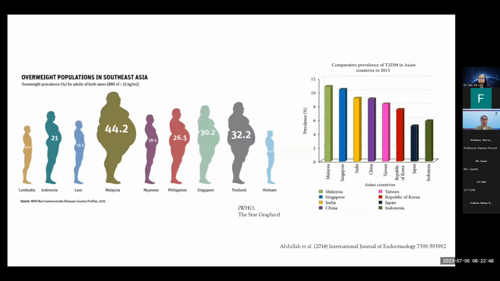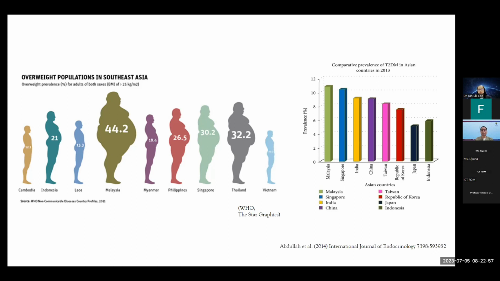Moving on, we would like to discuss a little bit some of the work related to tendon repair, some of the work related to diabetes and treatment with some of the biologics.